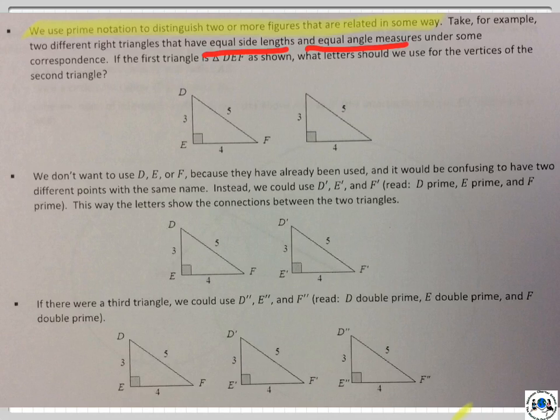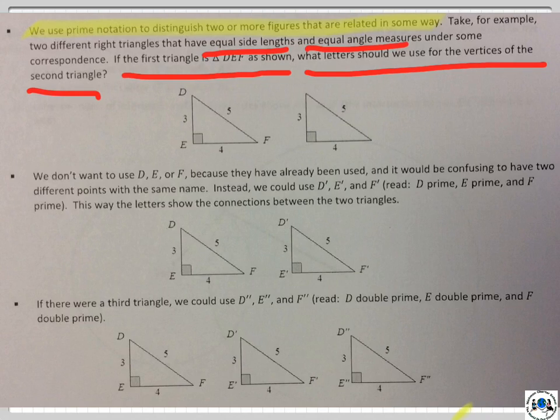If the first triangle, DEF, is as shown, what letters should be used for the vertices of the second triangle? They go on to say that these are identical, of course. You can't use DEF again because that would be two DEFs. It would be very confusing.